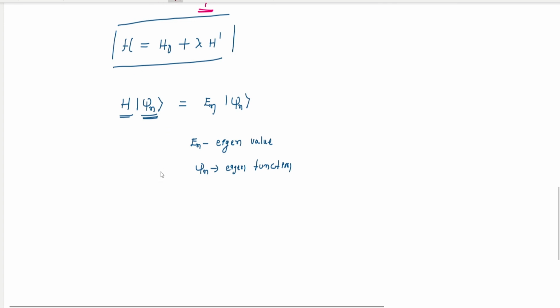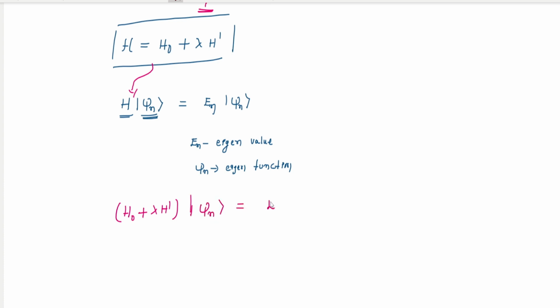So for the deviation energy, if you try to substitute this H value here, observe carefully, H naught plus lambda H prime. This is the new operator acting on the wave function psi n, equal to En times psi n. It depends on this H naught.